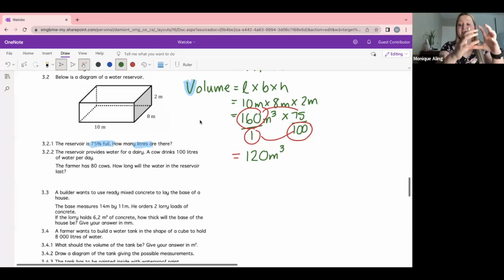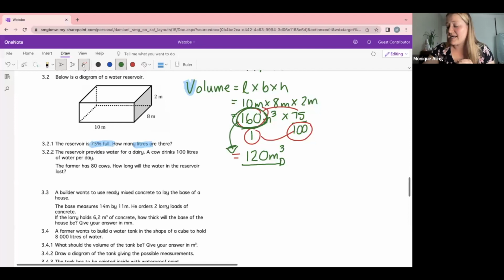So when this reservoir is full, it holds 160 meters cubed, but it's not all the way full. It's actually just a little bit less than full. We worked out that 75% is 120. As you can see, it is slightly less. When it's full, it's at 160, but it's 75% full. So we are on 120 meters cubed.